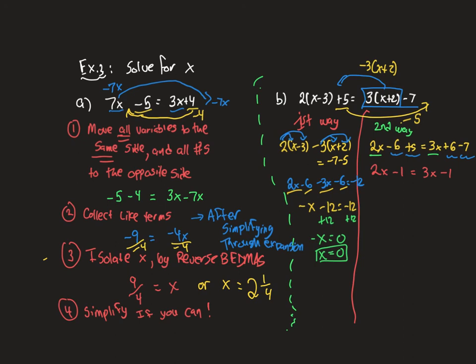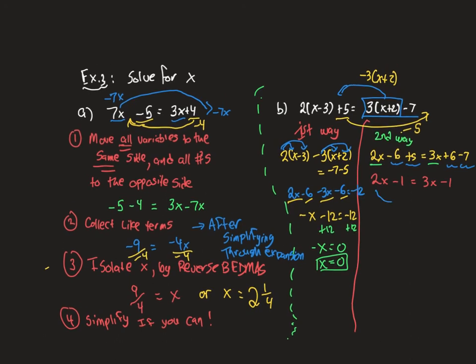Now you want to follow your step number 1, which is you need all your variables to be on the same side. I'm going to choose to bring this 2x to the other side by subtracting 2x from both sides. And if I'm doing that, I'm going to move this minus 1 to the other side by adding 1 to both sides.